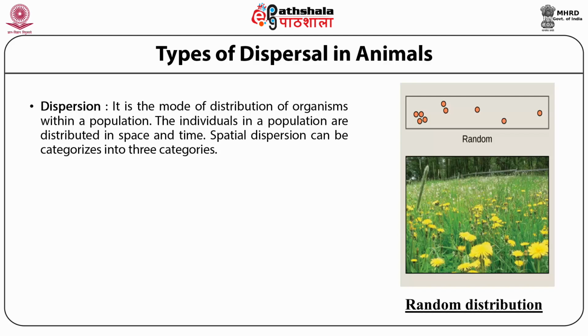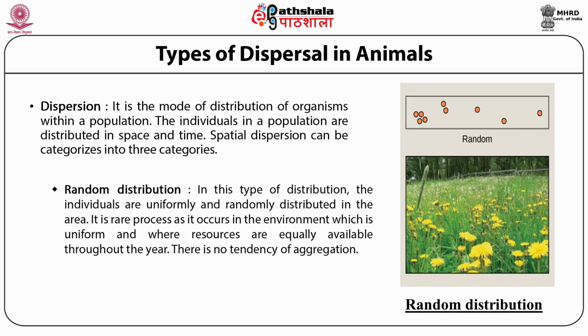The first is random distribution. In this type of distribution, the individuals are uniformly and randomly distributed in the area. It emphasizes that every individual has equal chances to occur at a place.